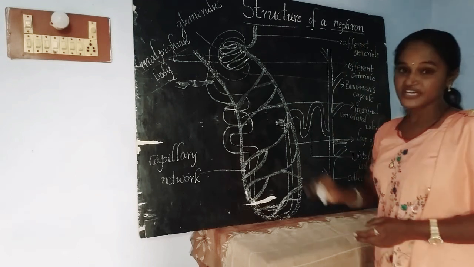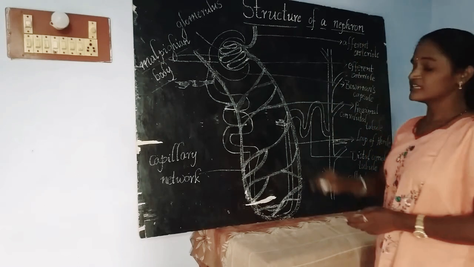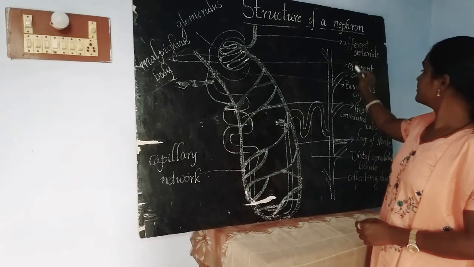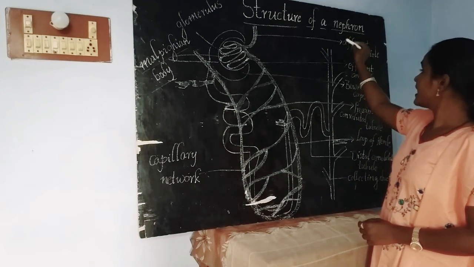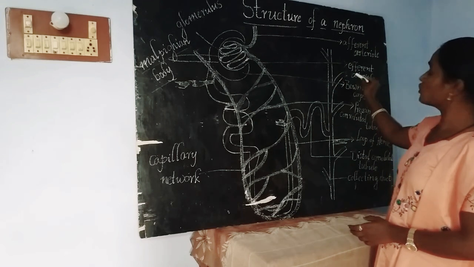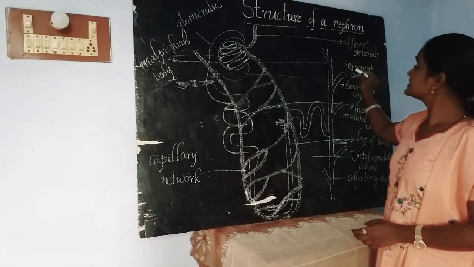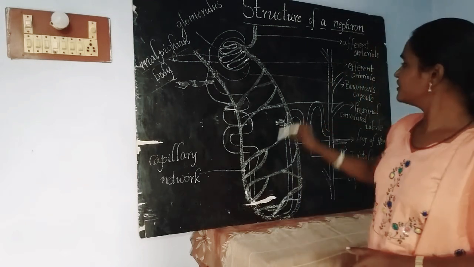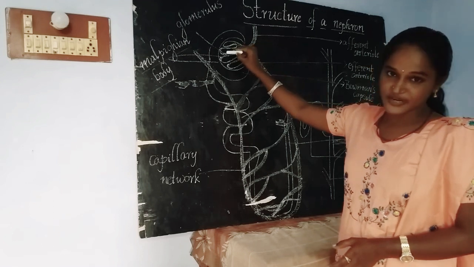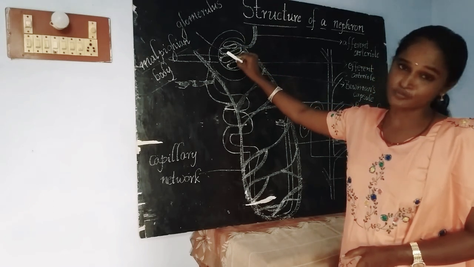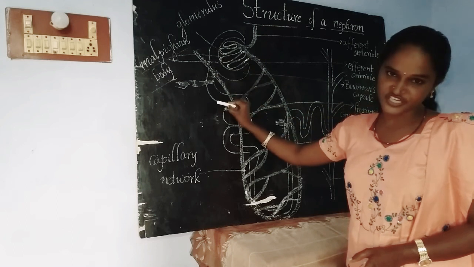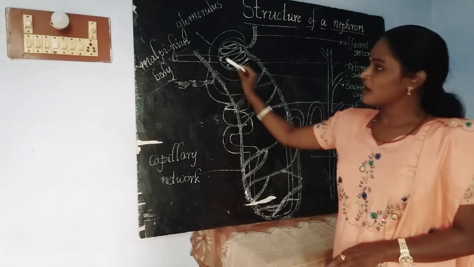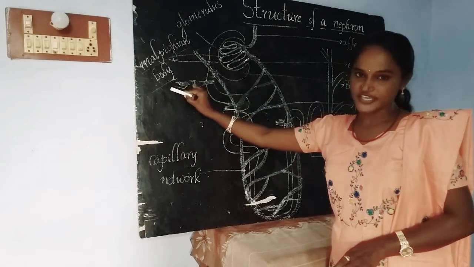The diameter of the efferent arteriole is less than that of the afferent arteriole. Because of that, blood pressure is created inside the glomerulus. It leads to filtration, which we are going to discuss in the next session. That is about Malpighian body.